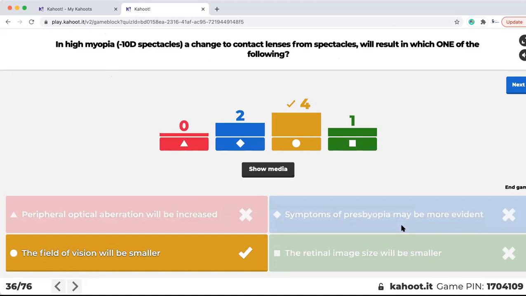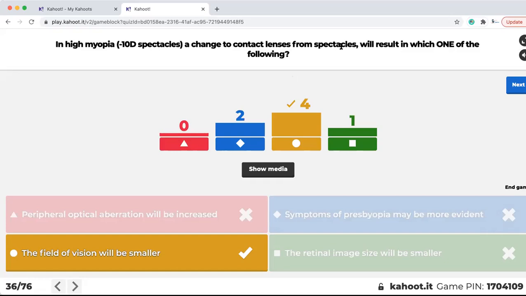No, we said before that symptoms of presbyopia will become less evident due to magnification, as the glasses will cause a smaller image, while contact lens will produce a larger image. If we are putting the contact lens over the eye, it will produce more magnification, so the image stimulates more photoreceptors, causing the presbyope to complain less, as the complaint of presbyopia occurs from recession of the near point.